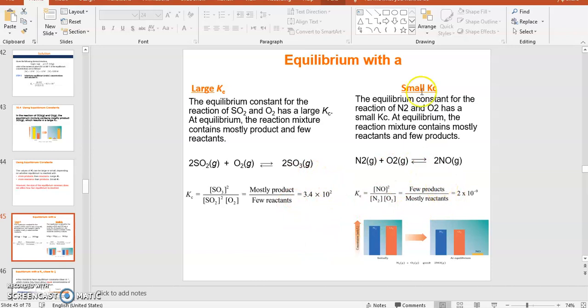The opposite will happen when you're looking for a small Kc like this reaction. Here you can see that the product on the top is small compared to the reactant. So you got a very small number for the Kc, 2 times 10 to the power of minus 9.